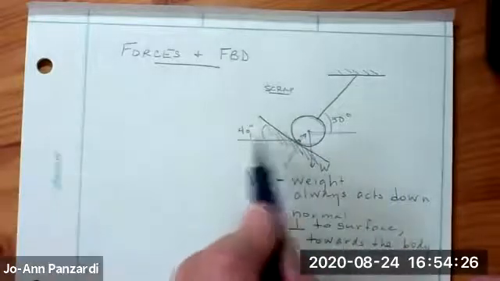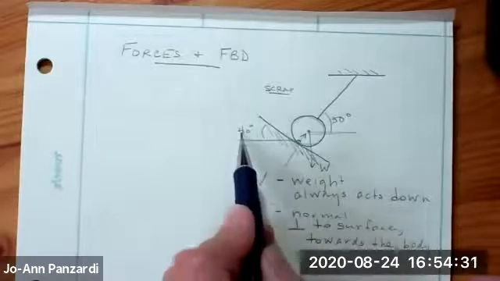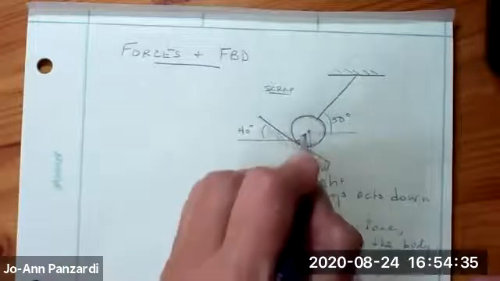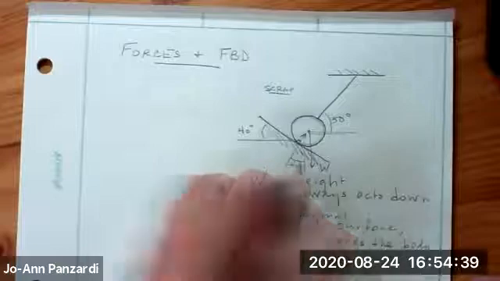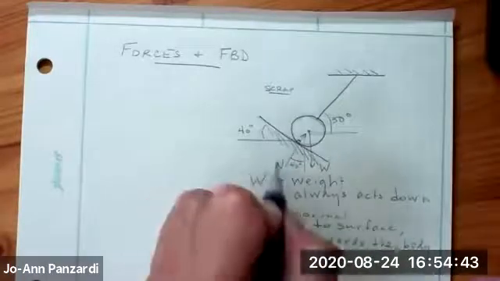And this 40 degrees is between the surface and the horizontal axis. So that means that 40 degrees is going to be between the normal and the y-axis. Okay, and let's label that as normal.